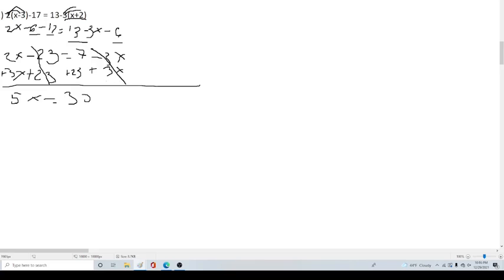And the 3x's cancel out. Divided by 5 on both sides, we get x is equal to 6. And some teachers will want you to keep it like that. Or in sets, that'll be just 6.